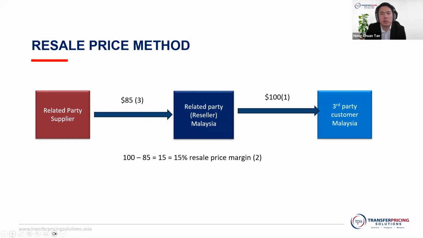And as I mentioned, to use the resale price, we are looking at the functions and risks to ensure that we are comparing against other similar or comparable companies that are performing the same function, right?